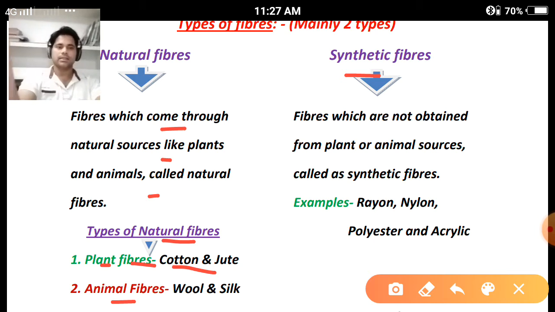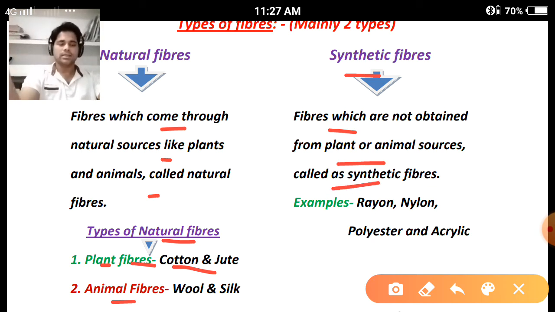Next, synthetic fibers. What are synthetic fibers? This topic we will discuss in class 8. There is no information in this chapter, but I have included it here because I'm teaching class 8 also. Those fibers which are not obtained from plant or animal sources are called synthetic fibers.